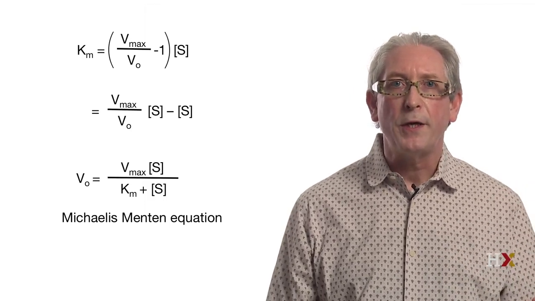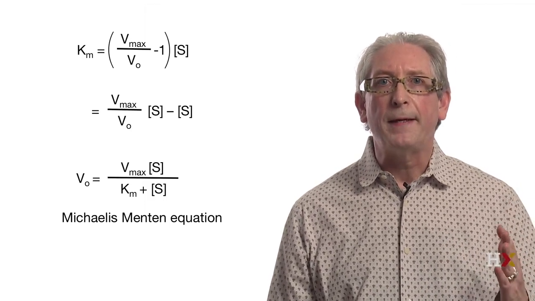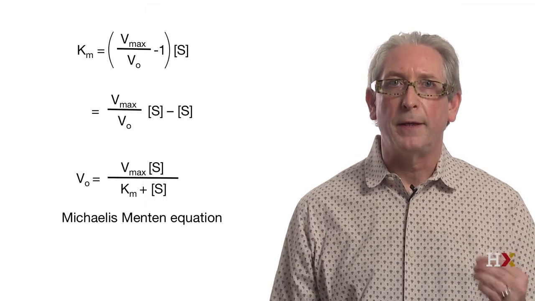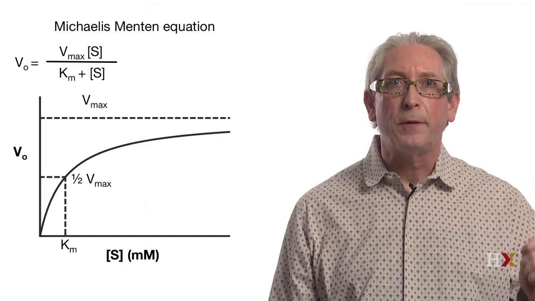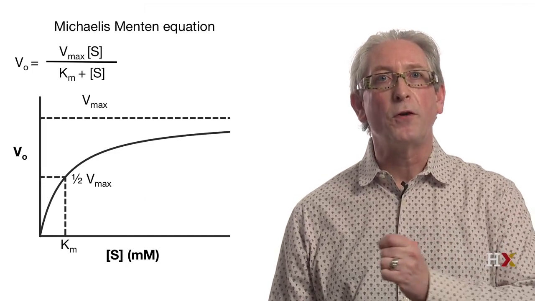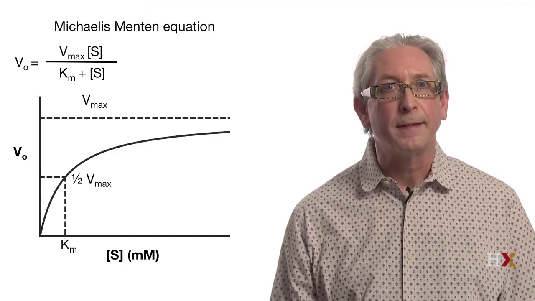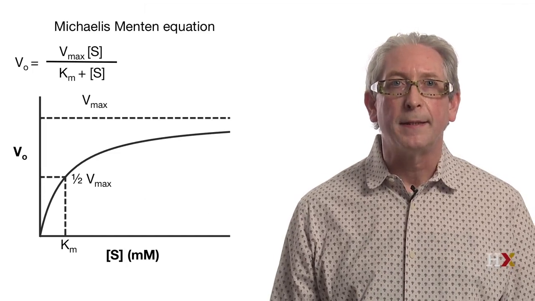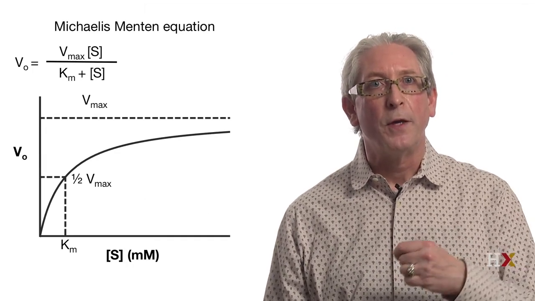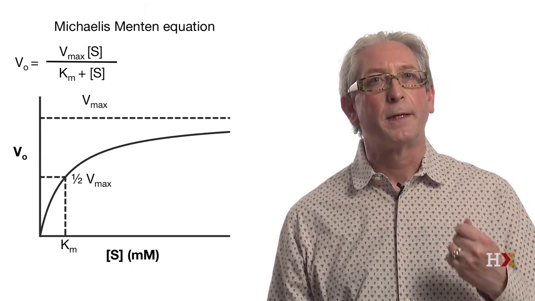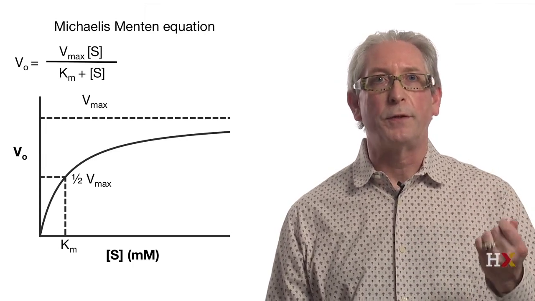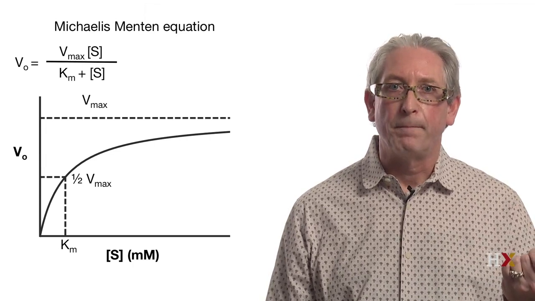Now, this is an equation that is graphically represented by a hyperbolic curve. And do you remember when we plot the experimental values of V0 as a function of the concentration of S, we obtained a hyperbolic curve. So in fact, the Michaelis and Menten equation fits the hyperbolic curve that was determined experimentally.